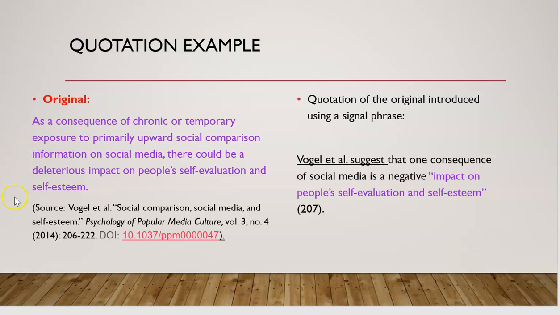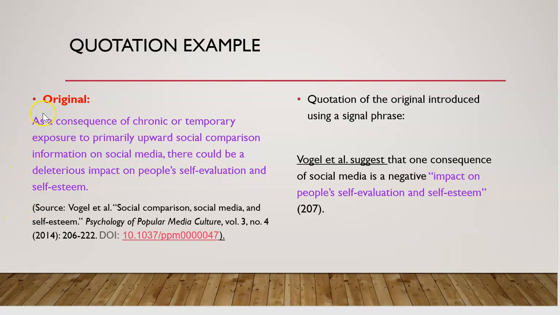So that's what this quote is talking about. "As a consequence of chronic or temporary exposure to primarily upward social comparison information on social media, there could be a deleterious impact on people's self-evaluation and self-esteem." Okay, so that's the original passage from the article.